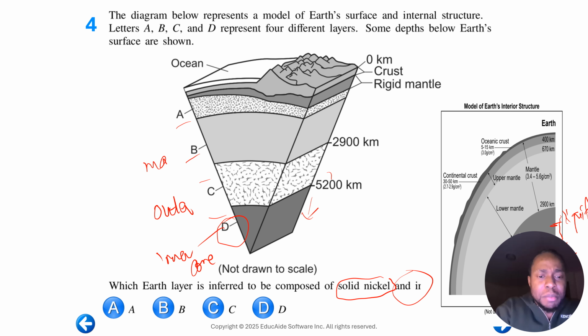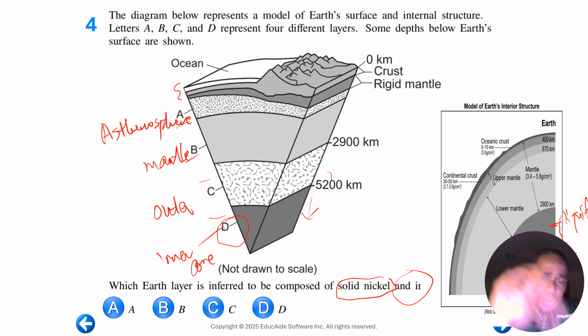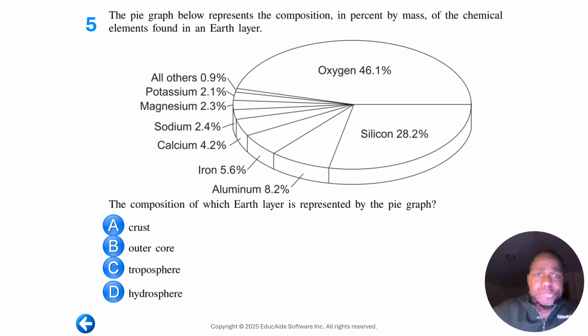Layer B here would be the mantle, right? And layer A here would be the asthenosphere that we already alluded to moments ago. Asthenosphere, and all of this will be the continental crust and oceanic crust. Again, we see that one of them is darker and one of them is lighter in color. So definitely our answer here would be option number D.